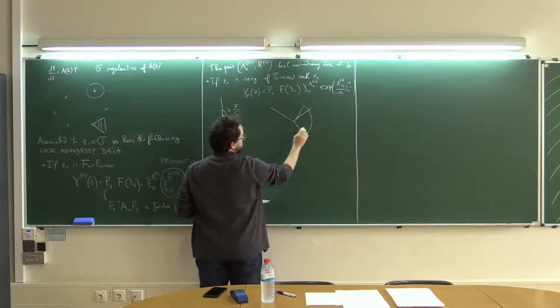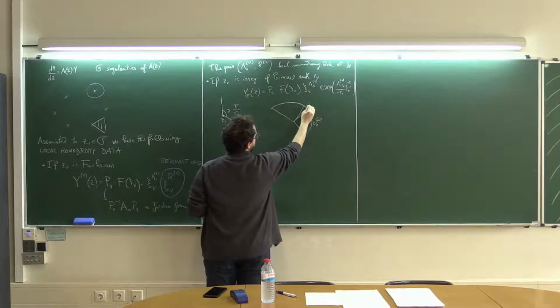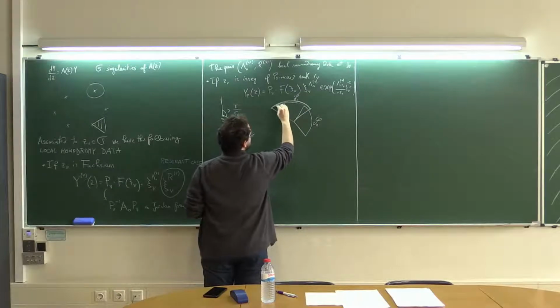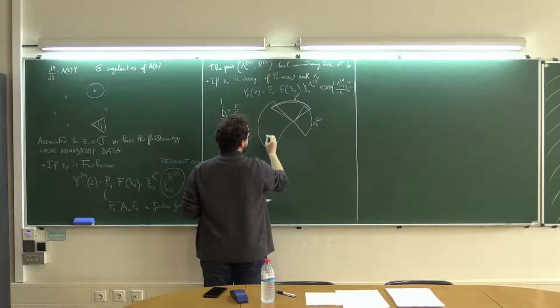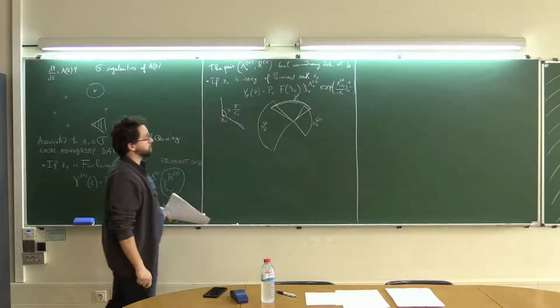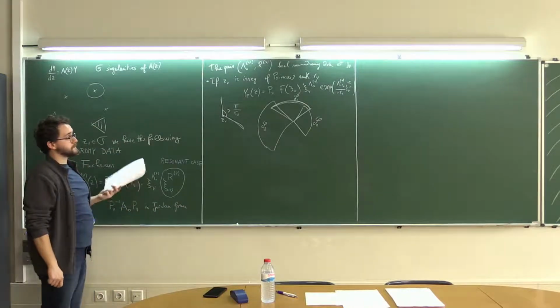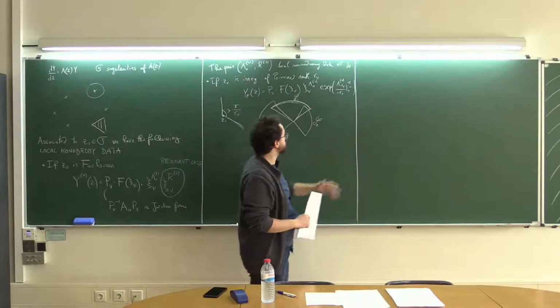If this is the first Stokes sector, then I can rotate the Stokes sector, and the rotated sectors are always Stokes, and on each of them there exists, by the same theorem, a unique solution with this asymptotic expansion.